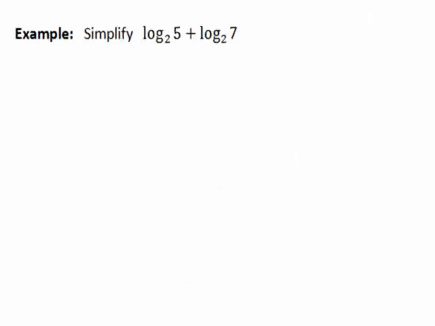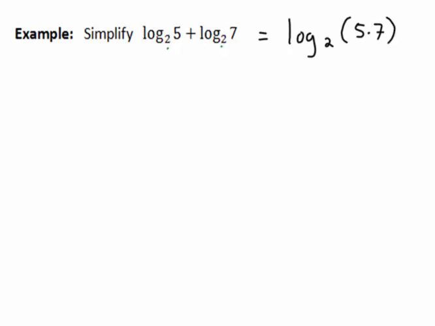We're just going to use our rule here for logarithms. Well, when we have two logarithms and they are the same base 2 here, we know our new rule is we can just take those logarithms, write them to the same base 2, and turn it into a product, 5 times 7.